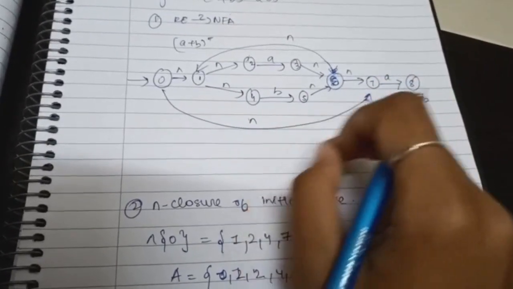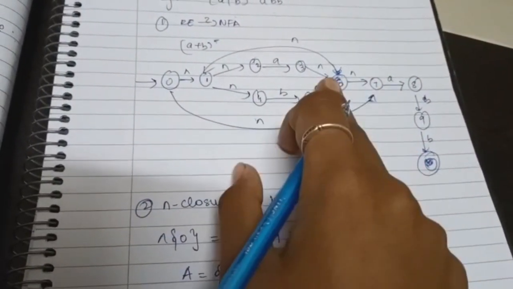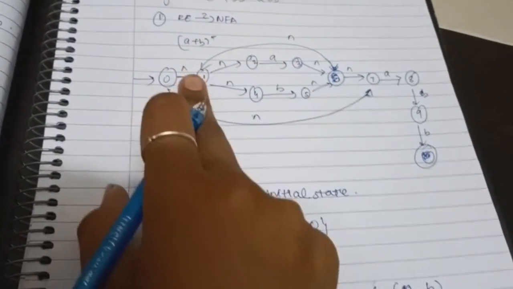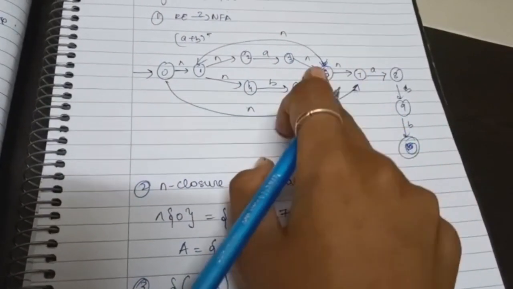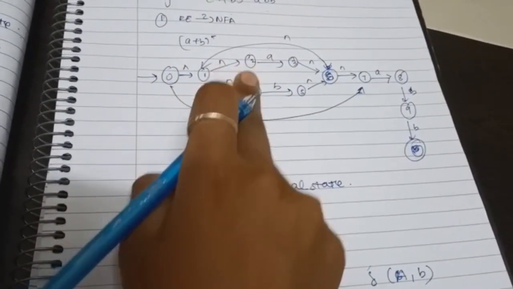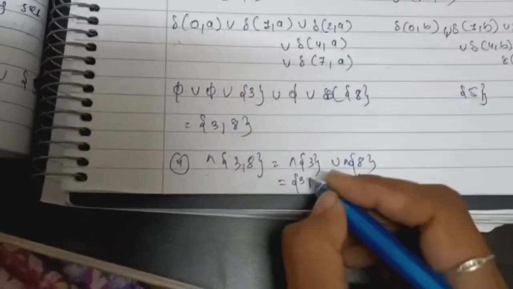From 7 are we going anywhere? No. And from 6 we are going to 7, and from 6 we are going to 1. From 1 we are going to 2 and 4. So 3, 6, 7, 1, 2 and 4.